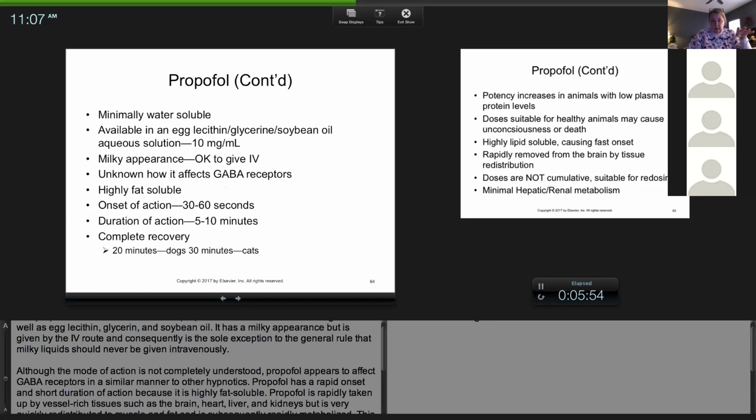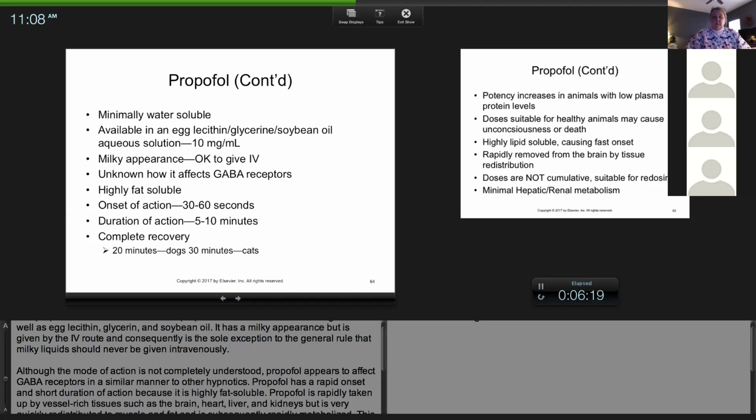It renders them unconscious, but it only gives you about 5 to 10 minutes of true good anesthesia. So in about 10 minutes, propofol is going to be gone. That's why you have to get them intubated and hooked up to the gas, unless you were just doing something that took 10 minutes. If you were taking a quick x-ray or pulling out some stitches, sometimes we just give them a dose of propofol and wake them up.